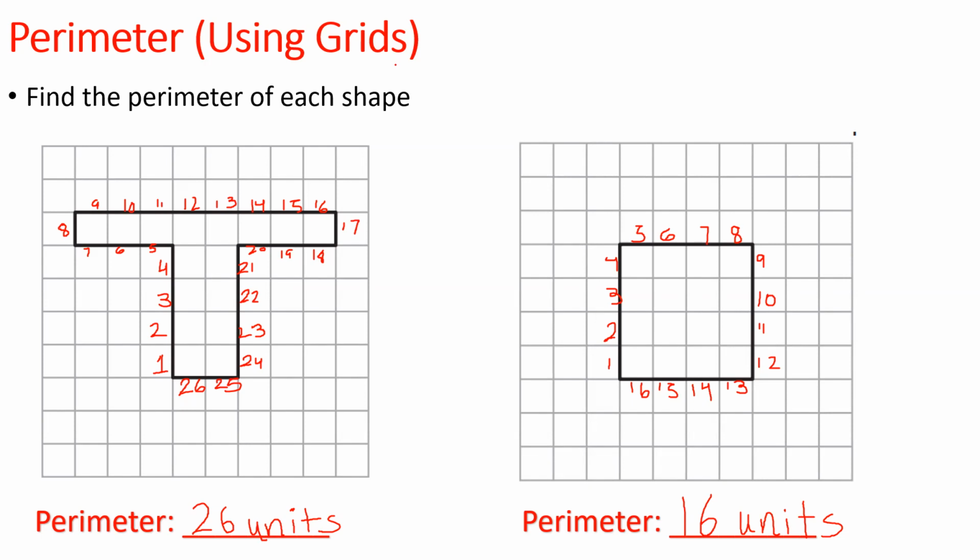Johnny, what is the perimeter of a shape? The distance around the shape. Very good, the distance around the shape. How do we calculate the perimeter, Johnny? Calculate the perimeter by adding what? Adding all the sides. Adding all the sides, very good.